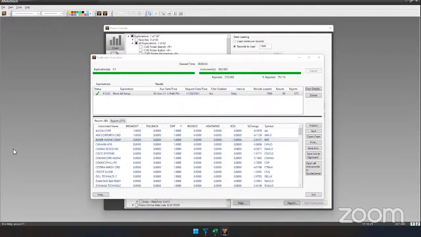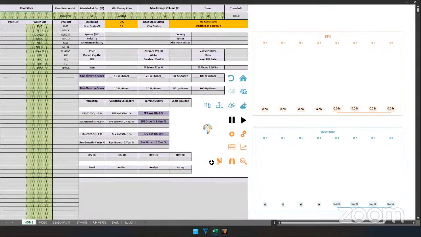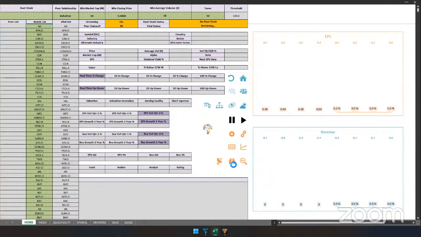Remember, when there are many stocks to look at using charts, I usually go to Vital first, import from Explorer the 90 stocks, carry out their fundamental analysis first. So I reduce the stock list. Fundamentals are calculated.